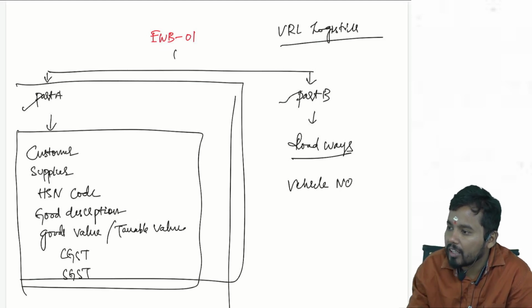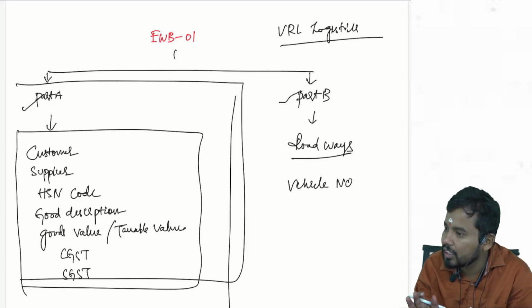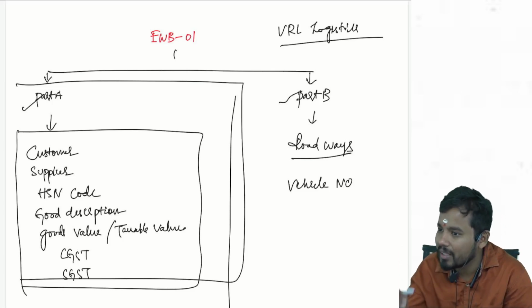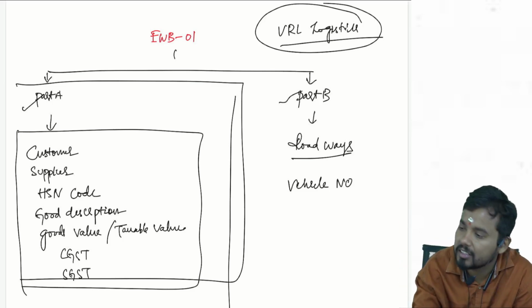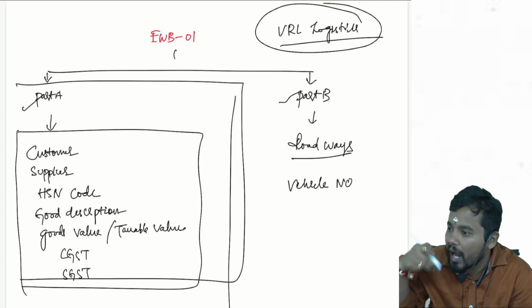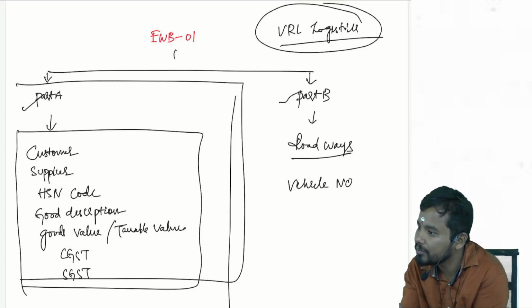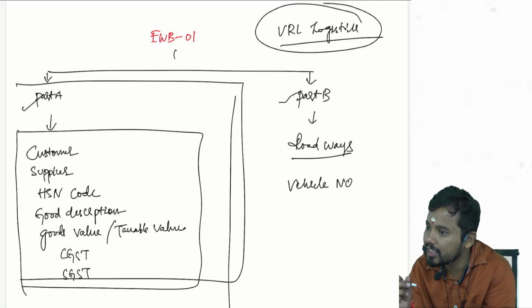Without filling Part B details, I will generate the E-way bill and assign it to VRL Logistics. Now, to assign it, I should have some unique number, no?